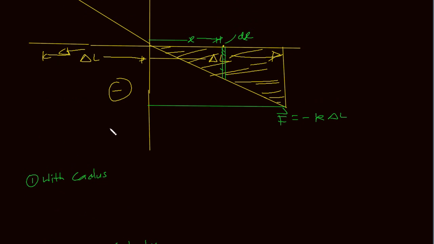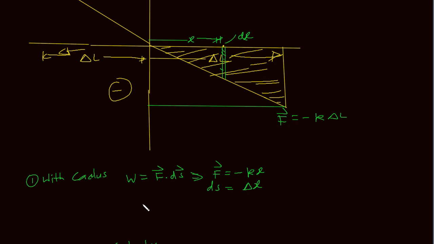So work done is force dot product displacement. In this case, force is minus kx and displacement is delta x.